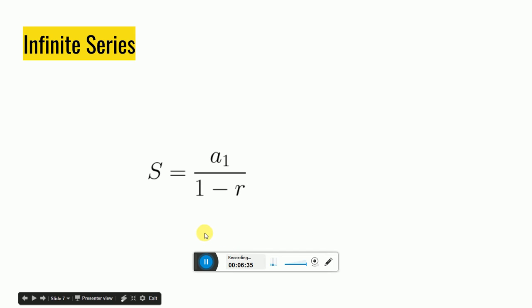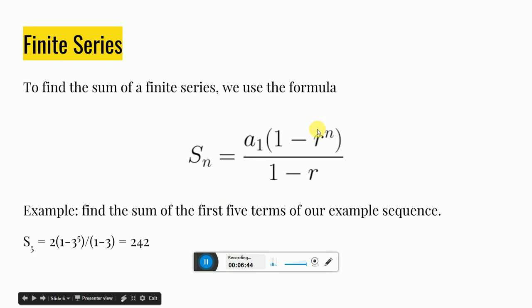In contrast, an infinite series just has a simple formula, a1 divided by 1 minus r. And I want to look at that real quick. Let's go back here to a finite series. This particular formula for an infinite series only works if our rate, or the absolute value of our rate, is less than 1.